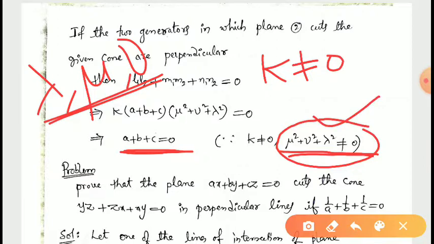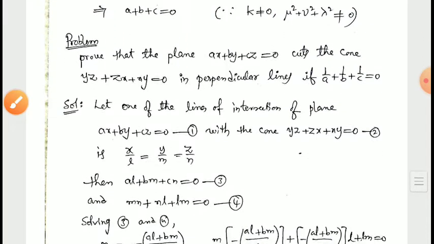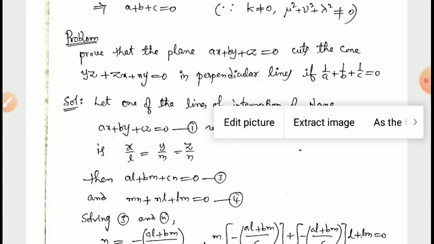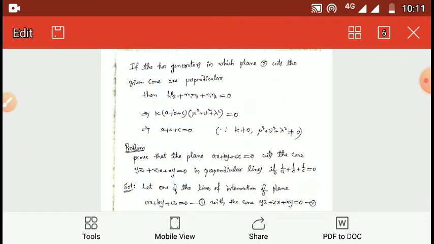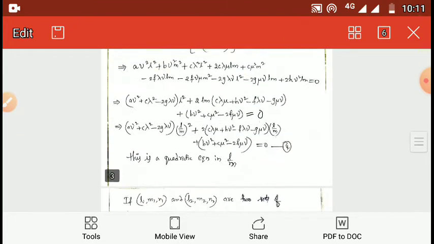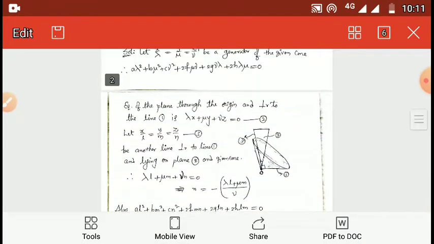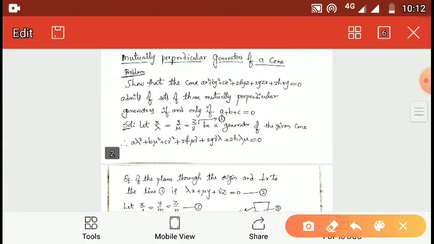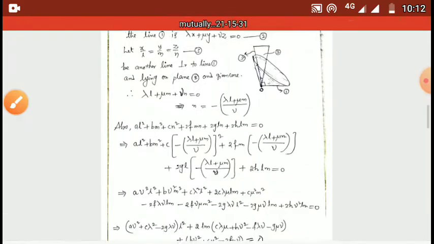Since this is not equal to 0 and this is not equal to 0, we must have A plus B plus C is equal to 0. So, we have proved that if this cone possesses three mutually perpendicular generators, then A plus B plus C is equal to 0.